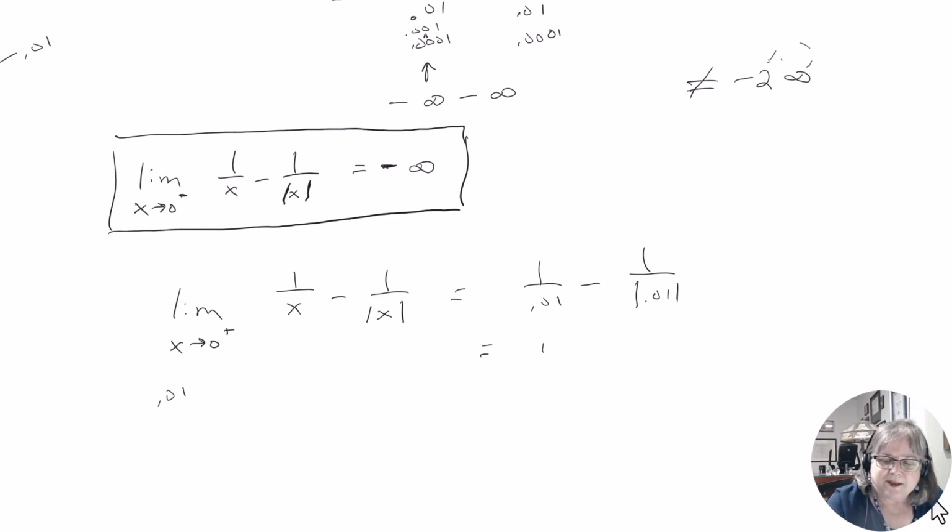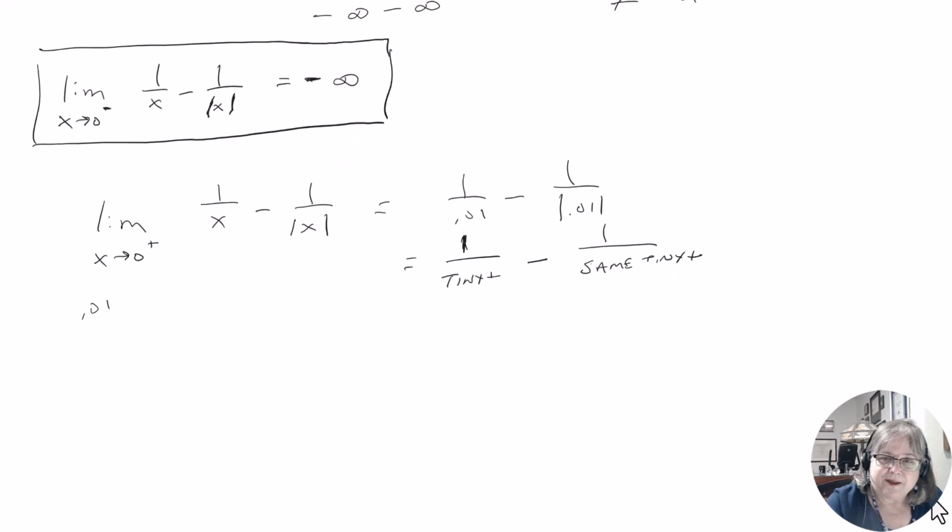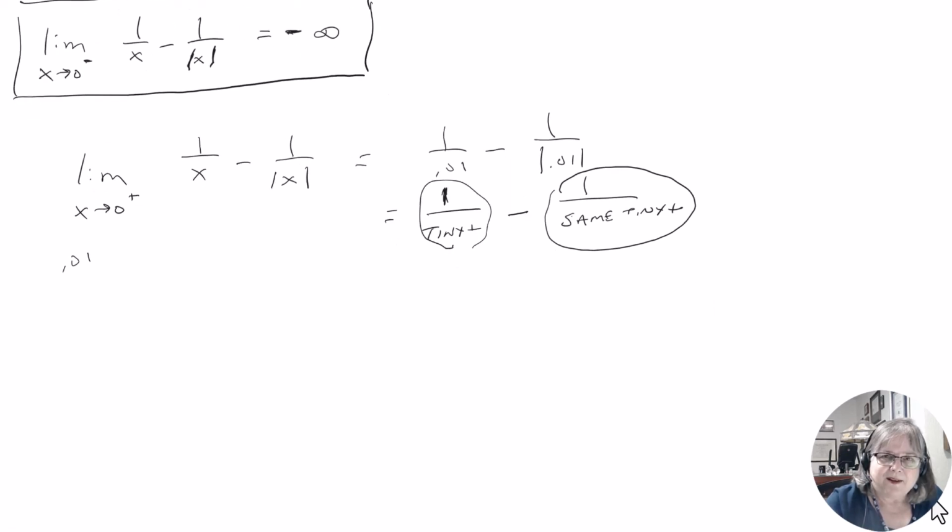So this is going to be 1 over a tiny positive minus 1 over the same tiny positive, right? So whatever this number is, because you use the same number to the right on both of them, this is going to be the same number, and anything minus itself is 0. So this limit is actually 0.